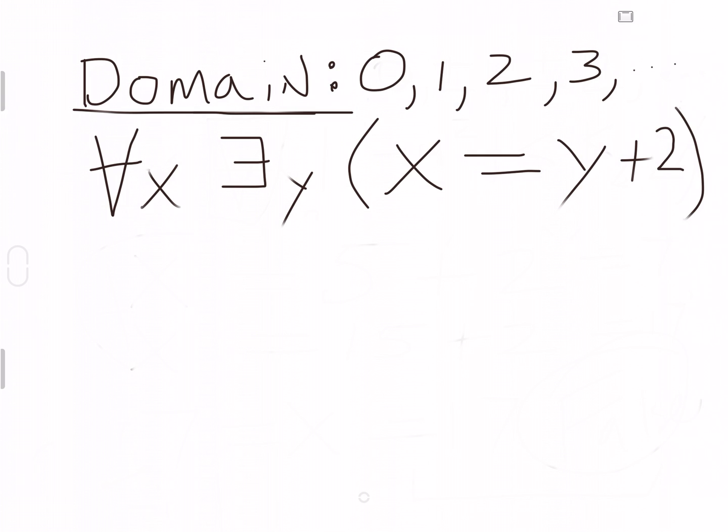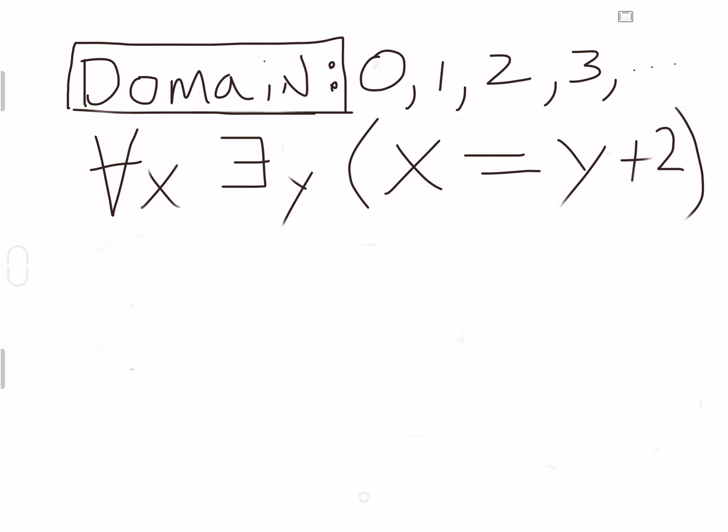Remember, we've changed our domain here. This is saying that no matter which natural number you pick, there's some other natural number y that you can pick such that x is equal to y plus 2.